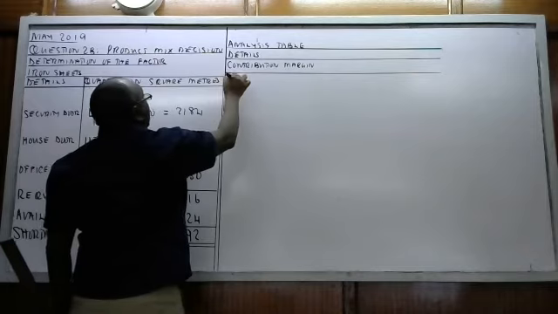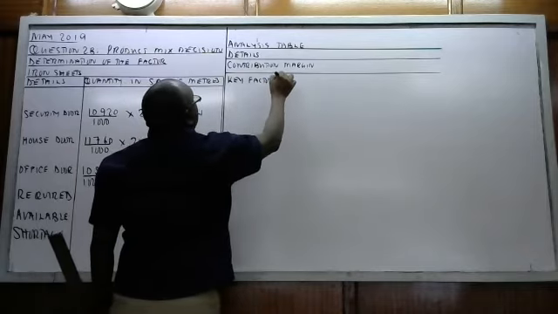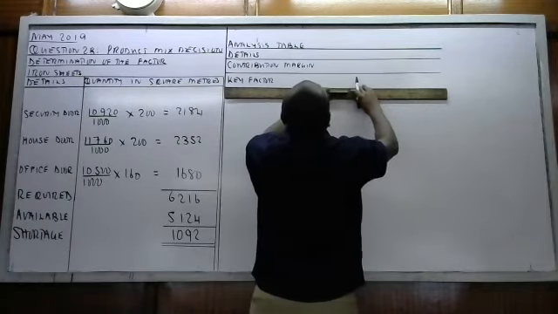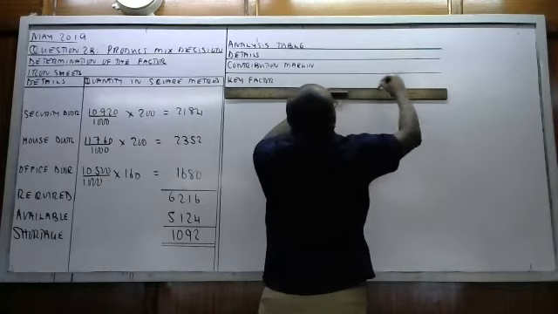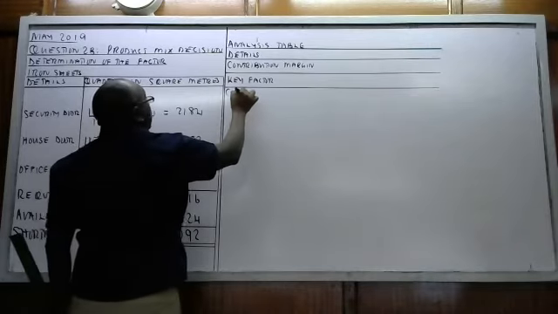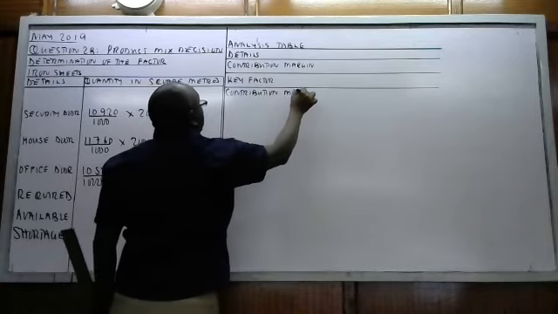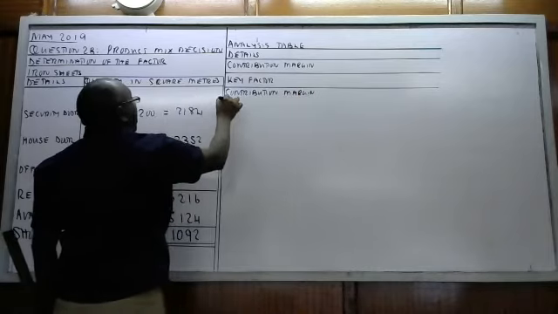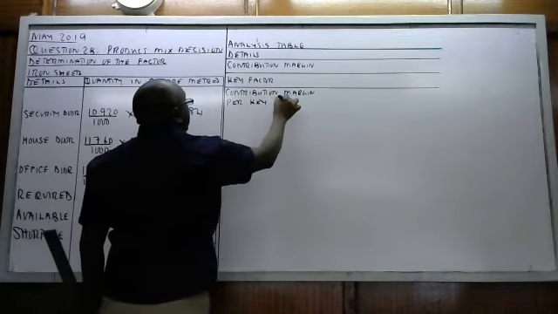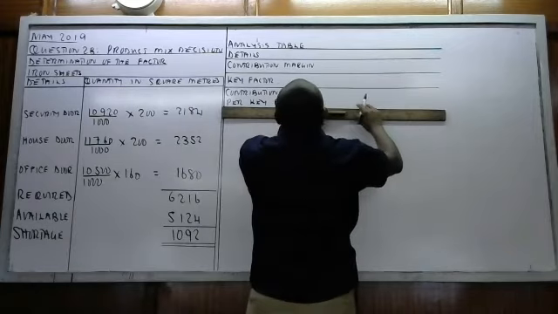Then you have key factor. Then you get contribution margin divided by key factor.